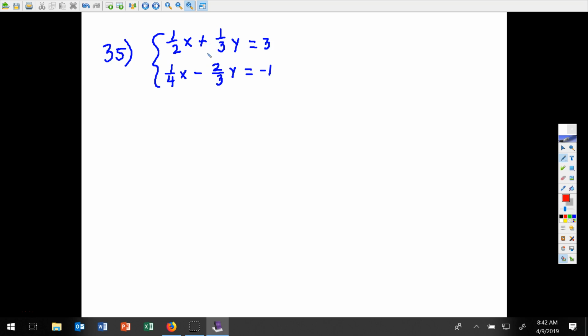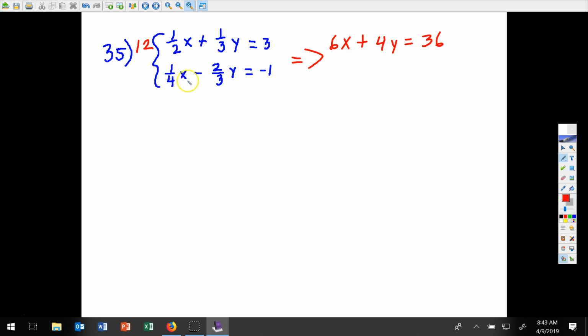So if you're trying to get rid of fractions, if that's your goal, you could do 12 on the top, and what would that turn the top into? If I multiply by 12 all the way across, Lily, what would that give me on the top equation? Okay? And now I'm working on the bottom. Which would be easier to set up elimination for? Would it be X or would it be Y?